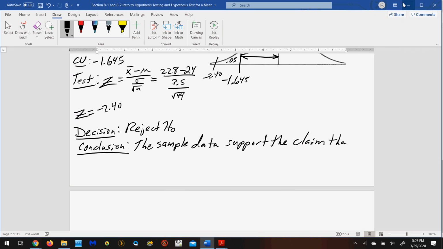And the claim here is that people over 60 years old drive less than 24 miles per day.